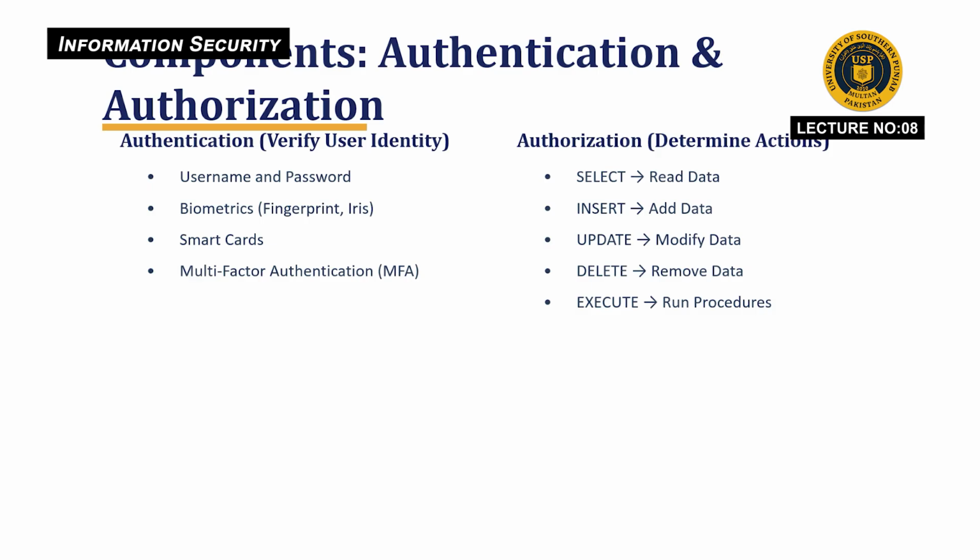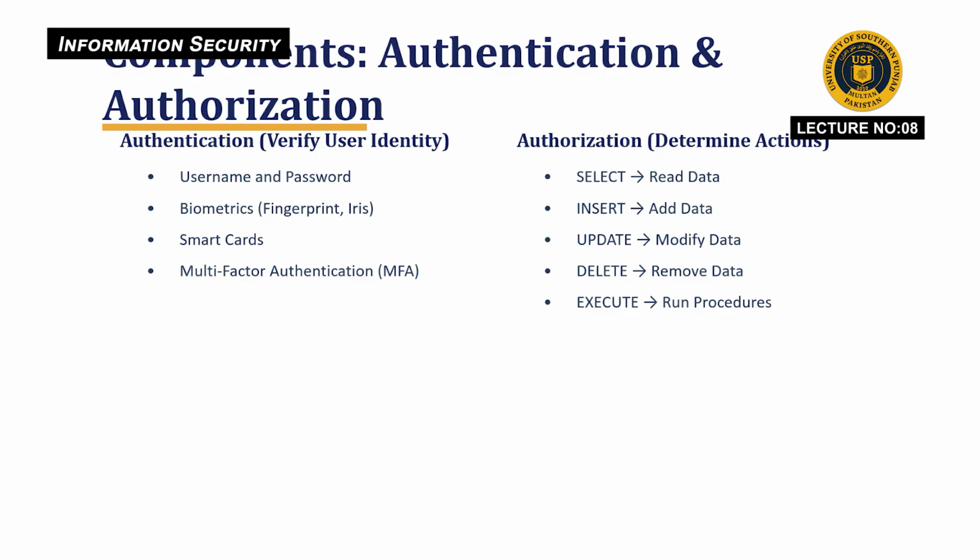Now we discuss two important security concepts: authentication and authorization. Authentication means verifying identity. Common authentication methods are username and password, which is the most commonly used method, and biometrics such as fingerprint, face recognition, and iris scanning.